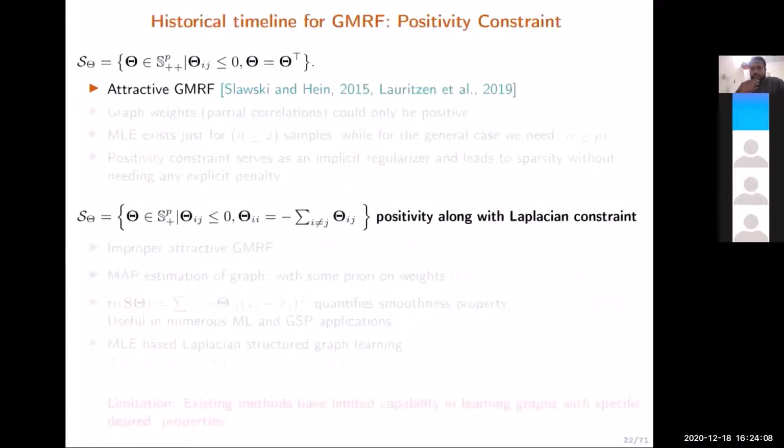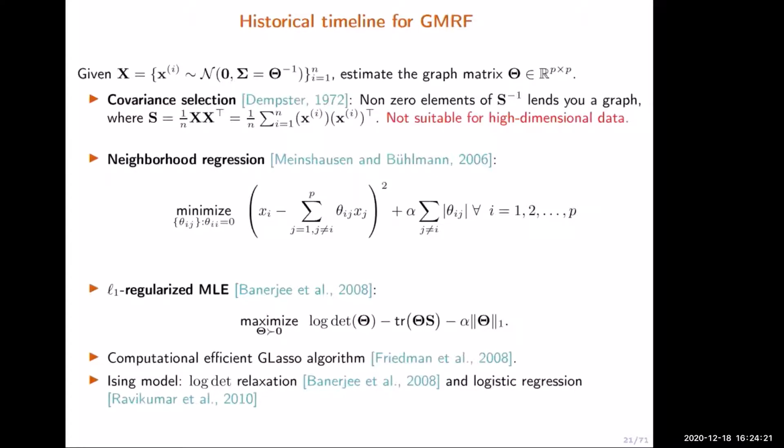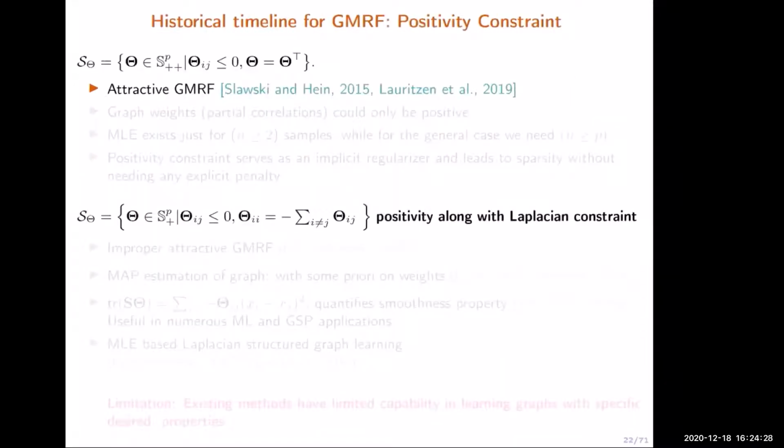There are a few more specifications. First, in the earlier setting, we just assumed that theta is a positive definite matrix. The entries of theta could be both positive and negative, so the weights of the graph could be both positive and negative.